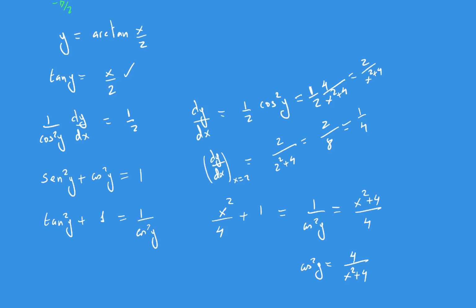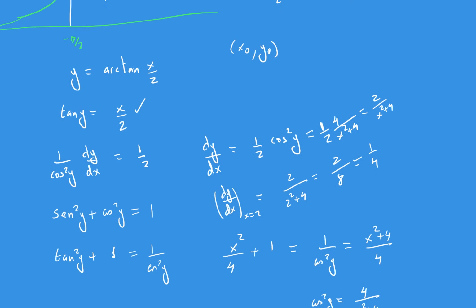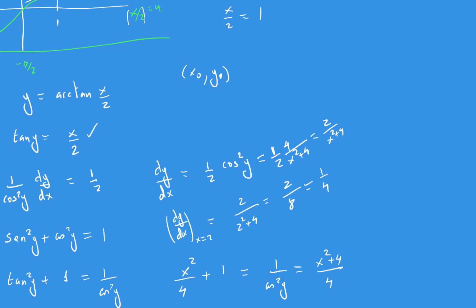And what I have to find is the equation of the rectilinear line. So the point x0, y0 is the point 2, comma, pi divided by 4. So the rectilinear line that they are asking me is y equal y0 plus the slope times x minus x0. In other words, y equal y0, which is pi divided by 4, plus the slope.